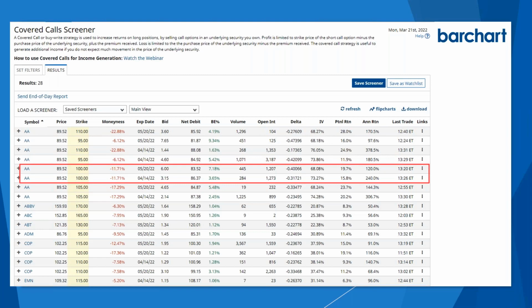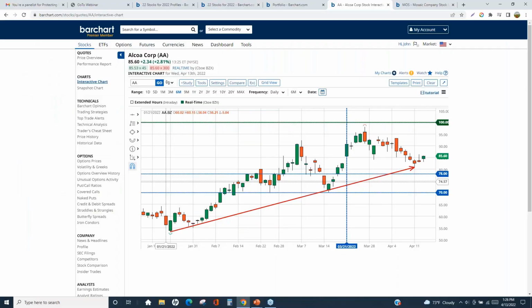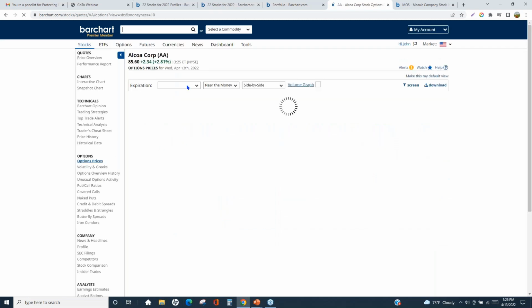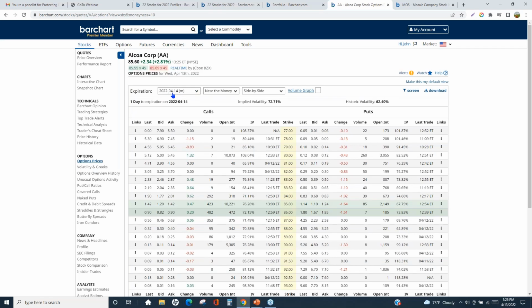Now, unfortunately, what I didn't do was take a screenshot of the put market, but we can go back and in here where it says options prices, and here is our April 14th expiration options.